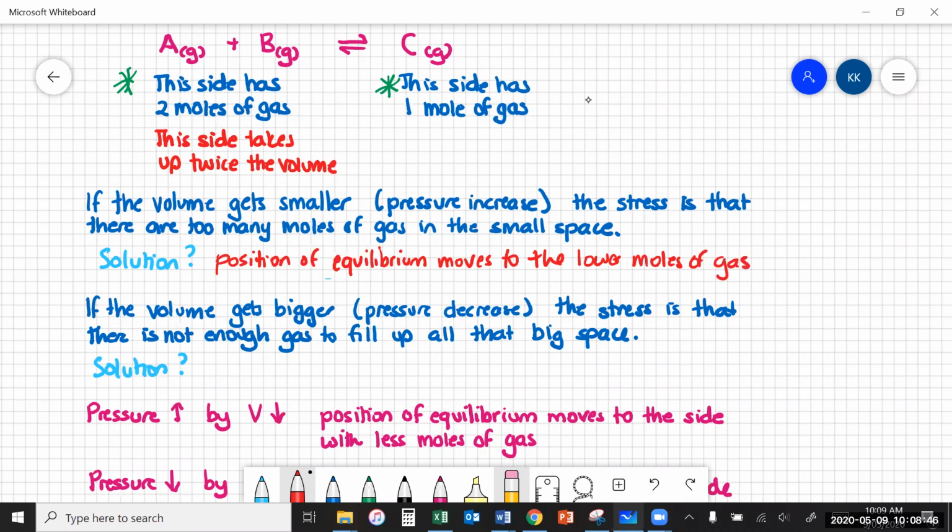And in this case, in our A and B in equilibrium with C example, the side with the less moles of gas is over to the right. So in this example, that's moving to the right.